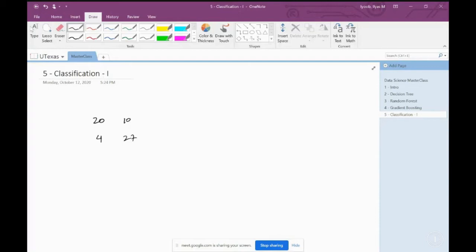What this is telling us is that among the actuals, this is no disease, target is 0, and this is the person had the disease. So they were actually yes or no, versus what was the prediction, predicted no and yes.